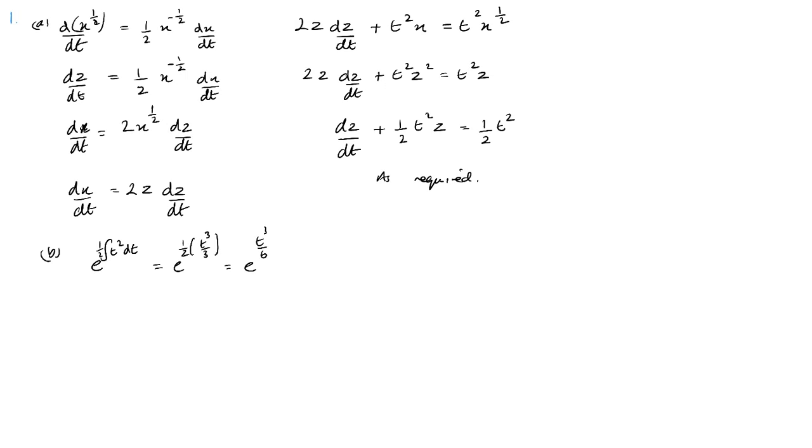That's it. So let's multiply through by that. So e to the t cubed over 6 dz by dt plus a half e to the t cubed over 6 times t squared times z equals e to the t cubed over 6 divided by 2 and times by t squared.